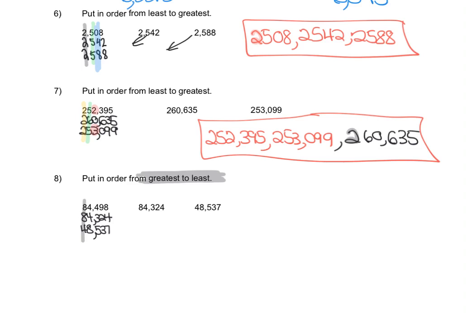So it was least to greatest, least to greatest, least to greatest. Now it's greatest to least. So the 48 is going to be my least, which I want at the end. And then I have to look for my greatest, my biggest. So now the 4's match. And here this 4 is bigger than this 3. So I want 84,498 and 84,324.